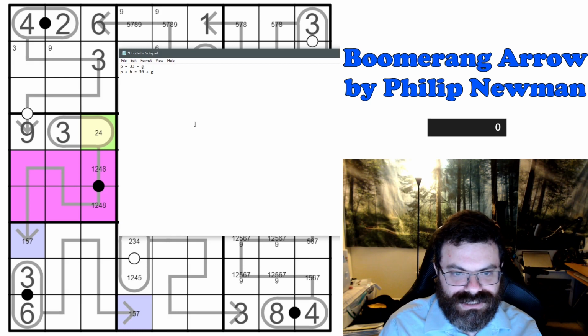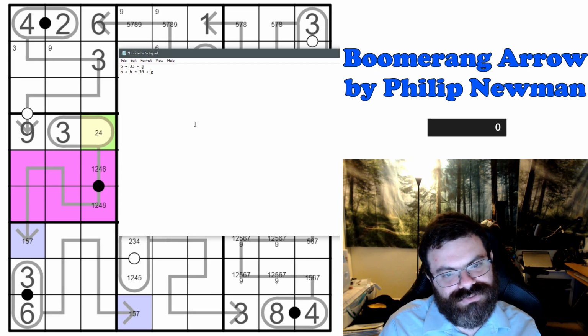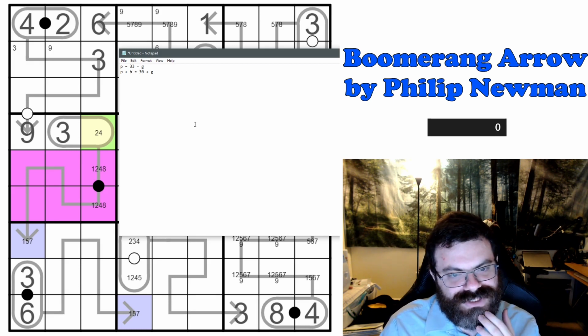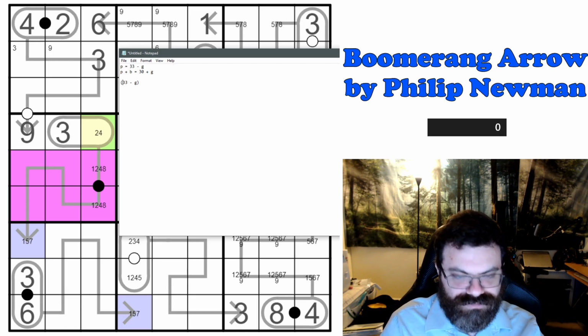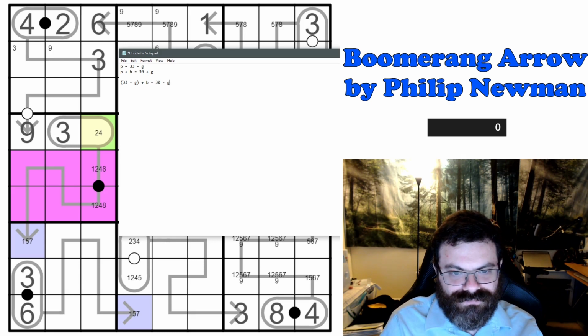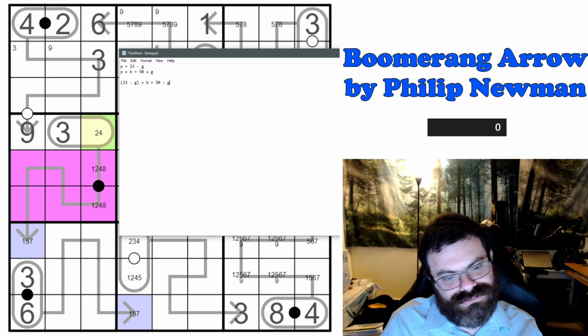So we can replace this green here. Well, we want to know what blue is in relation to green, I think. So let's put 33 minus green in replacement of purple. Plus blue is 30 minus green. So is this going to give me blue equals 2?